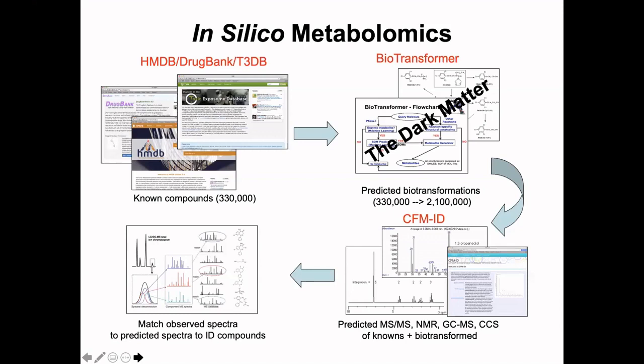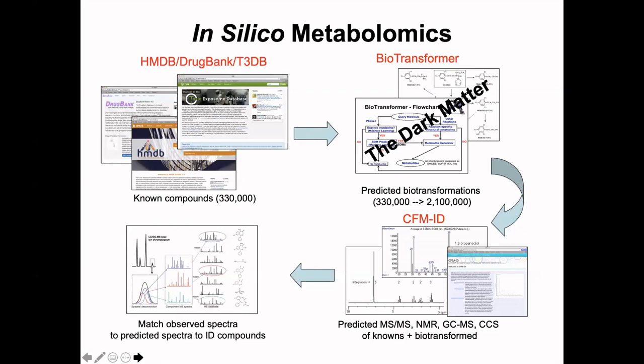And once we've been able to predict all of these biologically feasible structures, these things that are not in any database, the next step is to try and run it through some of the tools, some of which you've heard about. But our focus has been on a tool called CFM-ID, which is to predict MS-MS spectra. It also predicts GCMS spectra. We're working on tools to predict the NMR and the collisional cross-section.